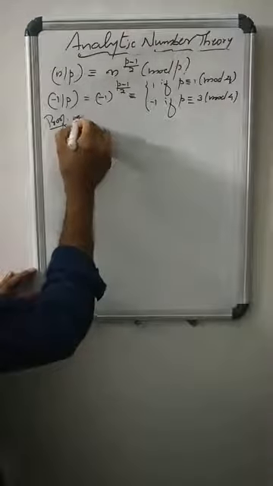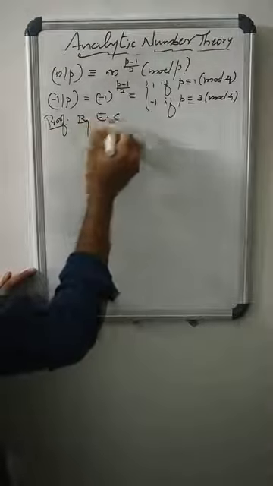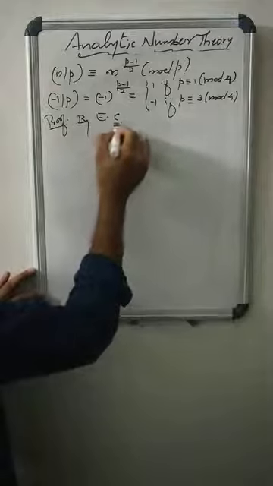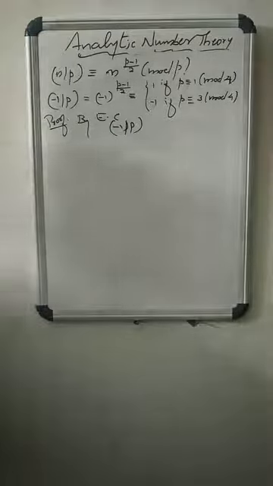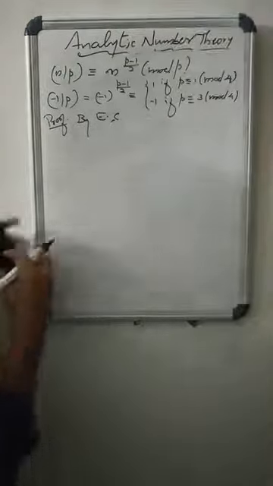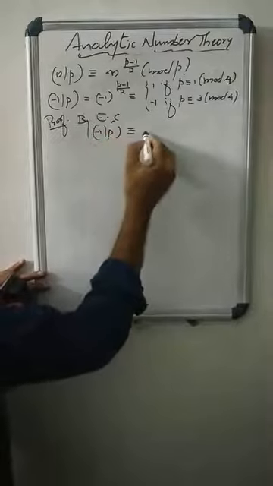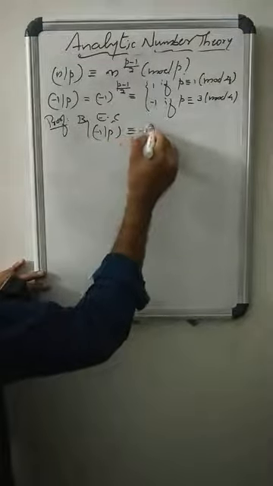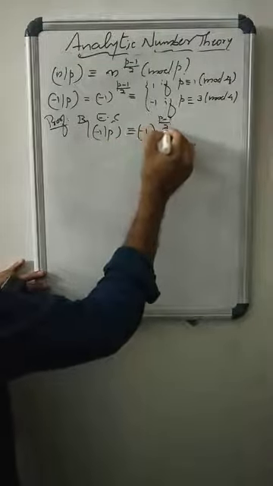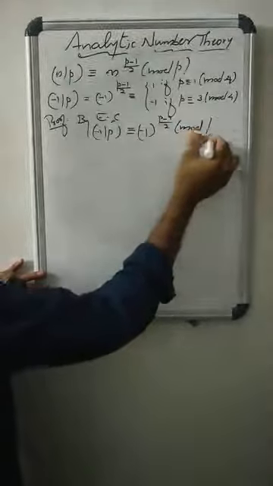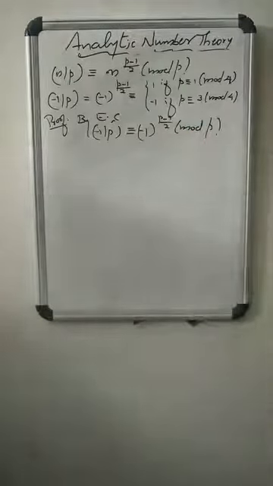So by Euler's criterion, (-1/p) is congruent to (-1)^((p-1)/2) mod p. Agree? Okay.